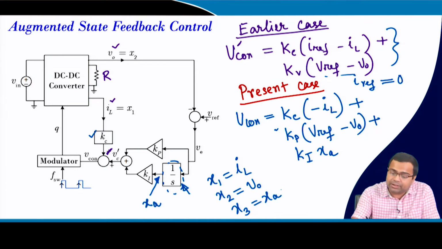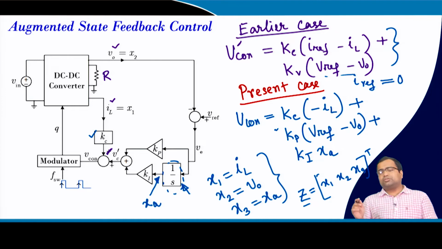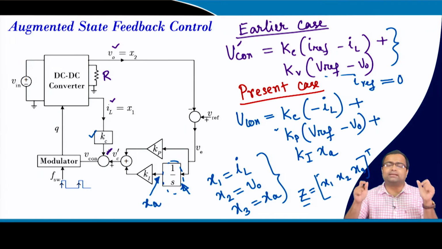That means, if I combine together, I will take a vector which is nothing but x1, x2, x3 transpose. So, this is the new state vector, and we can write down all the state space equations in terms of x1, x2, x3 and the other input variable.